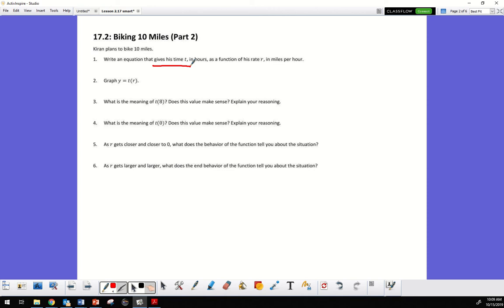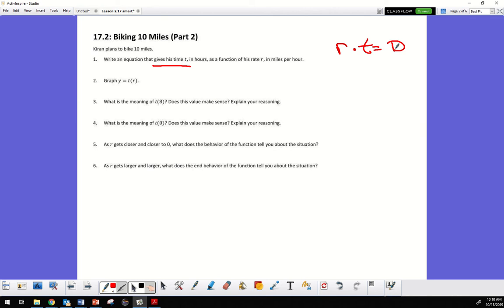Okay, so let's go back to what I just said. I said that rate times time is equal to distance. Now I want it as a function of his rate in miles per hour. So what does that mean? He gives his time in hours as a function of r. So I want to say t equals.